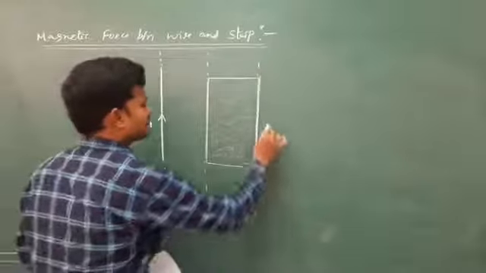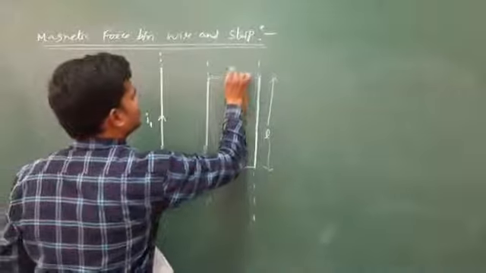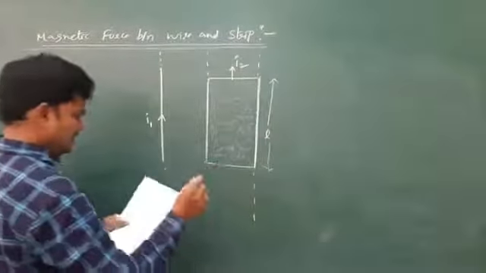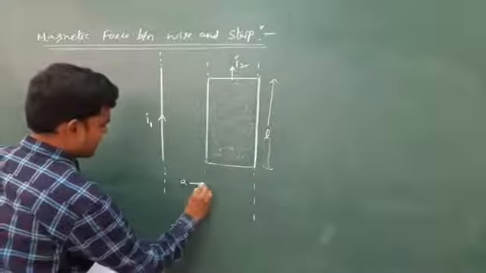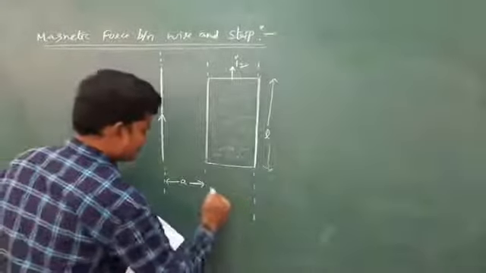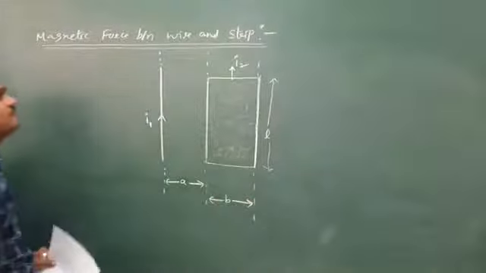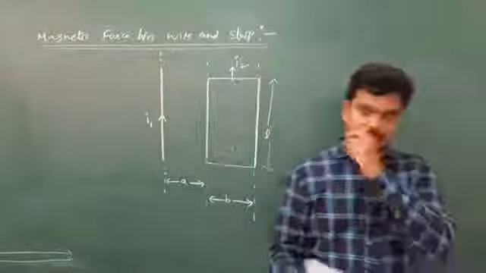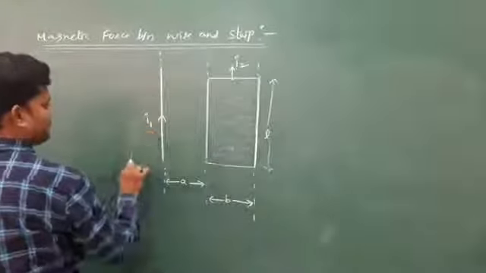This carries current I2, separated by some distance. The first one you keep as A, one side, and this side is B. See the target: we have to find the magnetic force between them, for this length only.